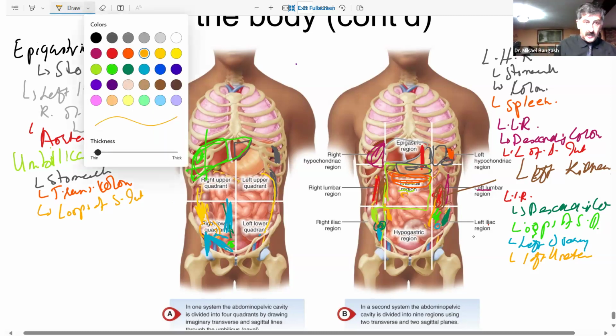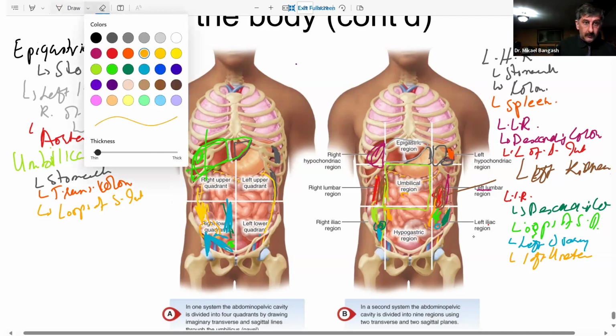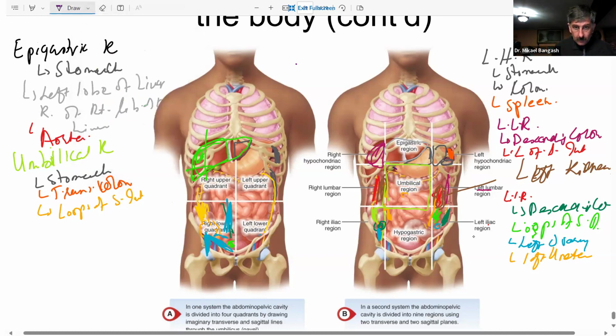Now, structures which are not visible here, we'll just take the liberty of erasing. Because what's going to be, let's do it this way, running like this, it's going to be the duodenum.